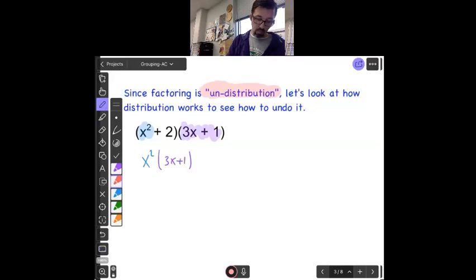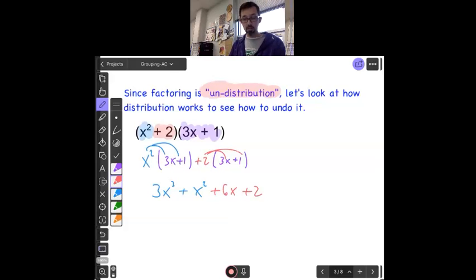And also, what's positive 2 times 3x plus 1? And that's where we started. We figured out a faster way later: x times 3x is 3x cubed, and x times 1 is x squared. Then 2 times 3x is 6x, and 2 times 1 is 2.